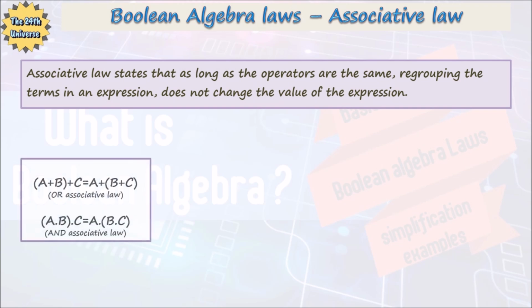Or associative law says A or B, or C equals A or B or C. And associative law says A and B and C equals A and B and C. A and B together and then and to C gives a result which is the same as the result of the variables B and C together and then and to A. Similarly for and.